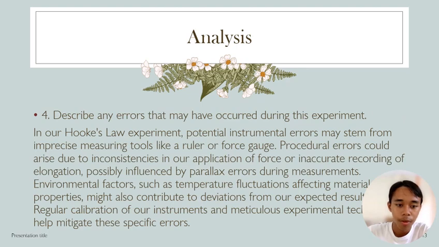Okay, number four is to describe any error that may have occurred during this experiment. In our Hooke's law experiment, potential instrumental errors may stem from imprecise measuring tools like a ruler or force gauge.